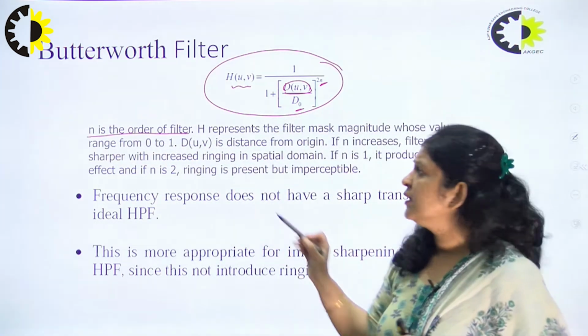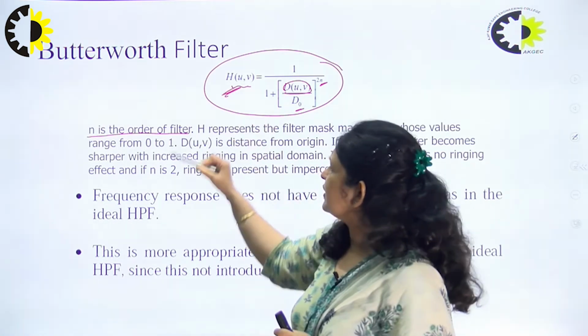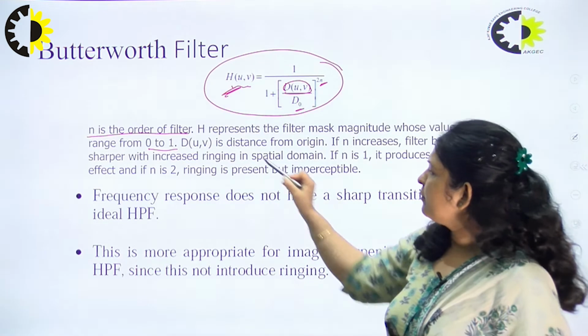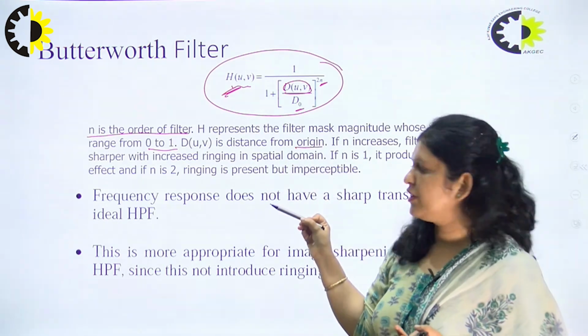And remember, here also the Butterworth filter takes values from 0 to 1, and D of u comma v is the distance from the origin that we have seen.